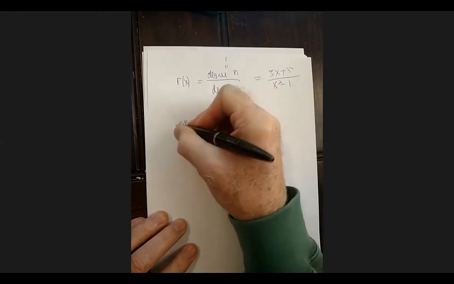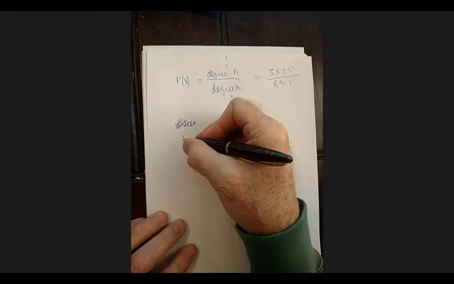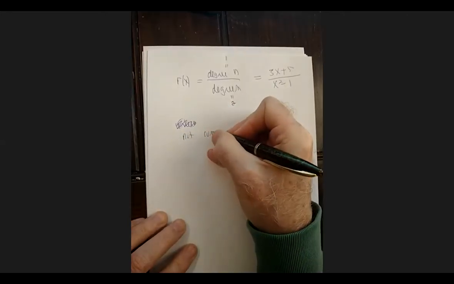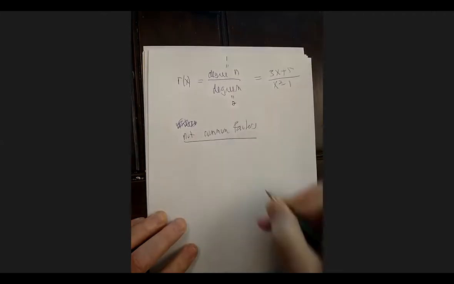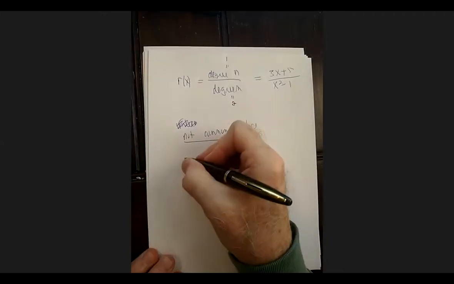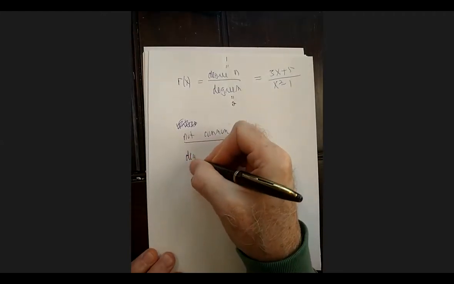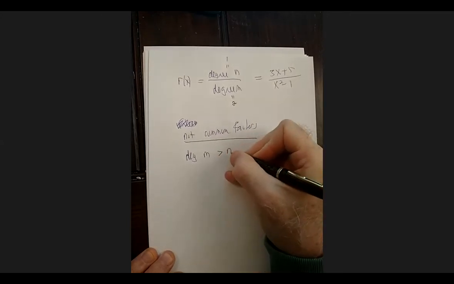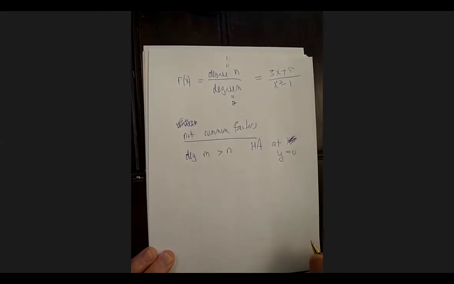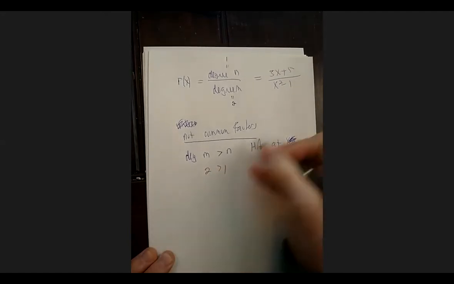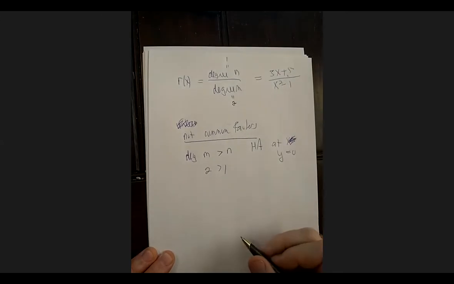I'm going to say that there's no common factors between the top and the bottom. Then if the degree m is greater than n, there's a horizontal asymptote at y equals 0. So here we have the degree 2 greater than 1, the bottom overpowers the top.